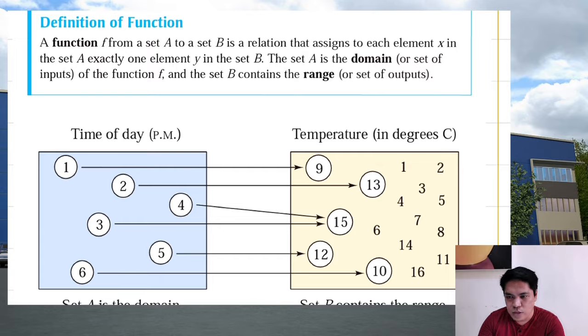Then that is a function. But if your input produces two or more outputs, then that is not a function. So meaning many inputs to one output, or one input to one output. So exactly one element lang dapat yung lalabas sa output or sa set B.